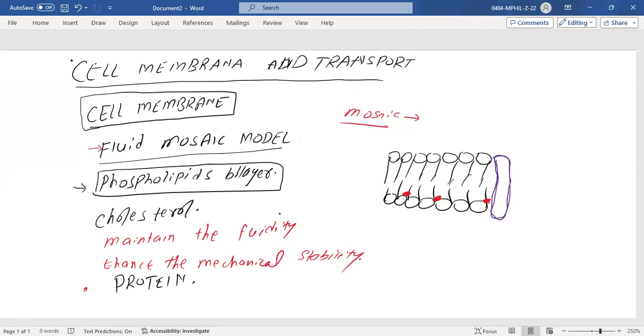Although protein is present in some other ways as well, the protein will also be present on the surface of the membrane, that is also embedded but not completely, that is attached on the phospholipid layer. So right now we are showing embedded protein because protein is present in many forms there. Somewhere these proteins are present inside the cell, in the cytoplasm, in a floating nature. This protein may also be present on the surface of the phospholipid. There it acts as a receptor.